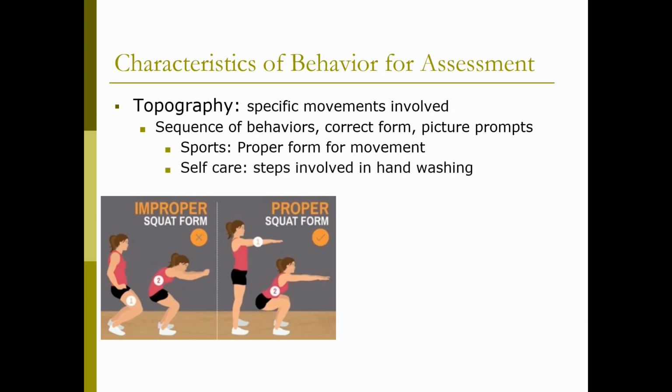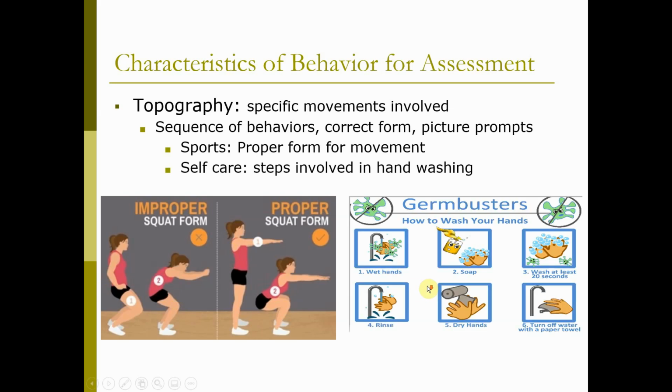In terms of self-care behavior, there might be steps involved in hand washing. So here are some sequences that an individual could follow, and this is a big one right now: step 1, wetting the hands, step 2, applying the soap, step 3, washing for at least 20 seconds, step 4, rinsing, step 5, drying the hands, and step 6, turning off the water with a paper towel.